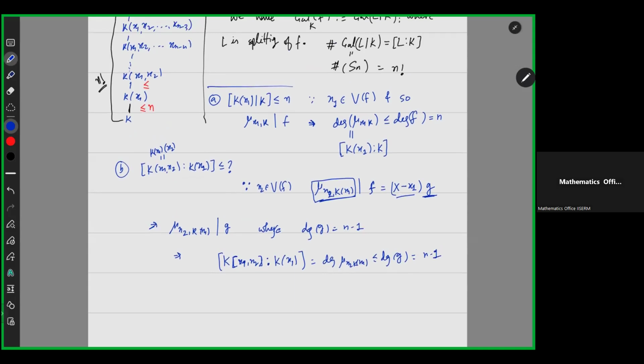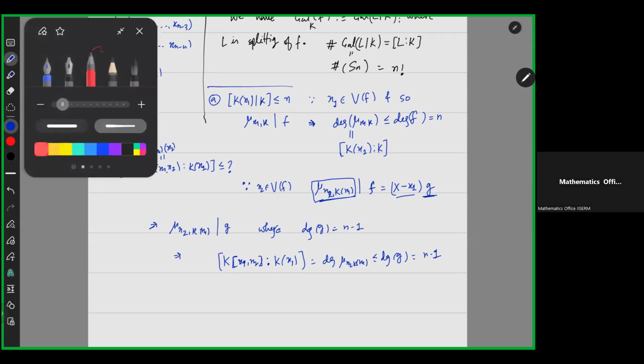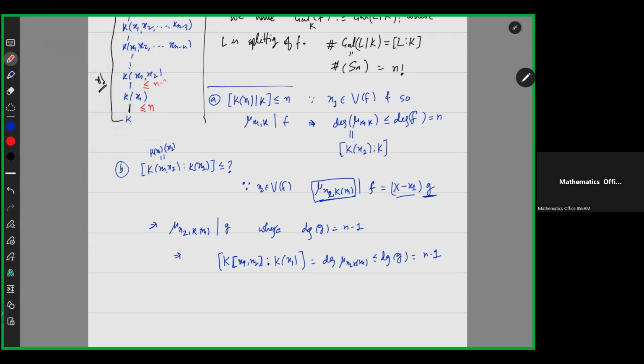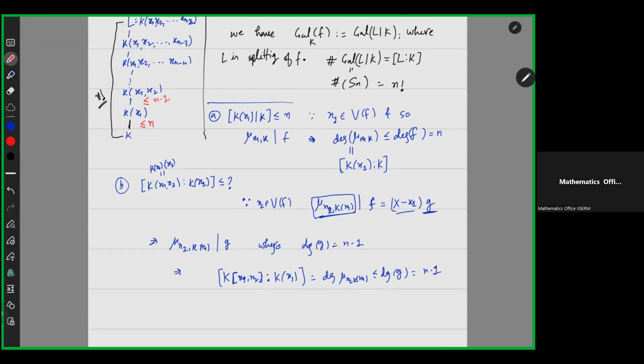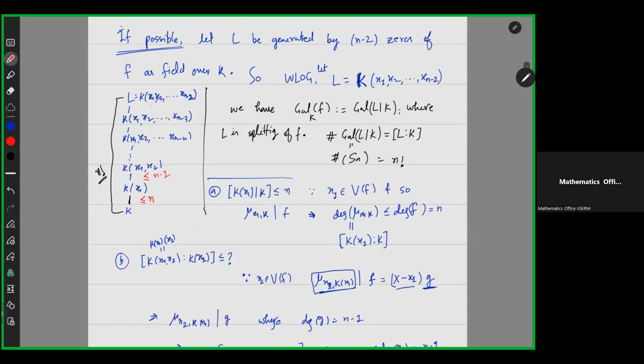So this is less than or equal to n minus 1. Okay, so this is how it is happening. In each step, it is the case. Every time this degree of extension is less than or equal to.